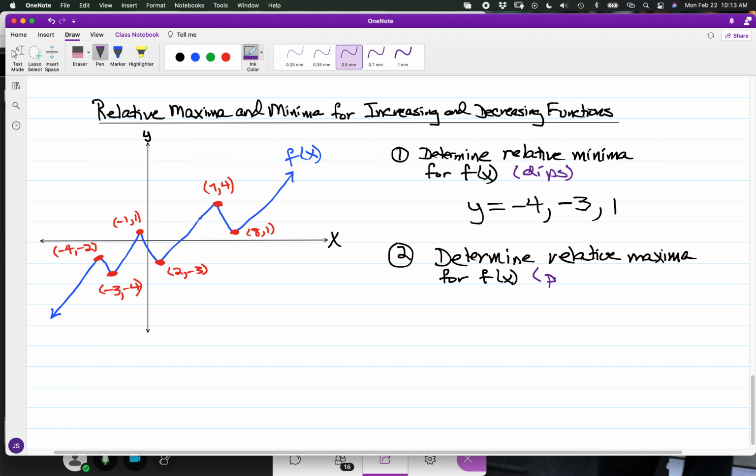And those are also going to be y values. So if you notice, you have an increase followed by a decrease. So you have a relative peak point here, and this is at y is equal to -2. And then again, going past the first relative minimum, we have going back up, followed by a decrease. So you have this next point, y is equal to 1. And guess what? Another peak point we have at 7, 4.